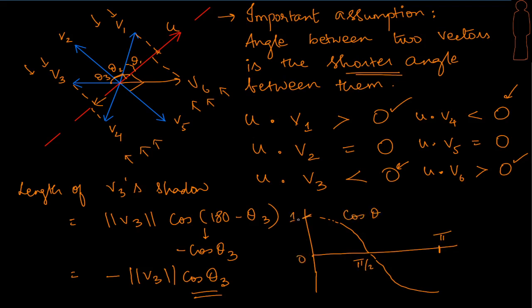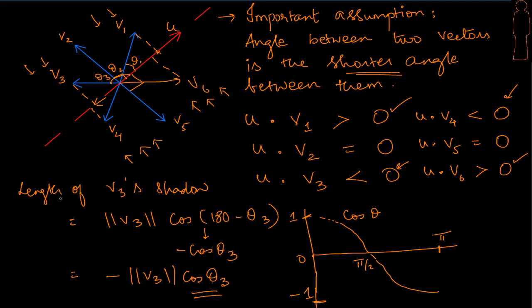This is 1 and here we have minus 1. You can see something interesting: theta 3 has gone beyond 90, and cos beyond 90 is always going to be negative. Therefore, when you pick an angle here which is more than 90, the cos of that is going to be negative. So in effect, this length is going to be positive, right?